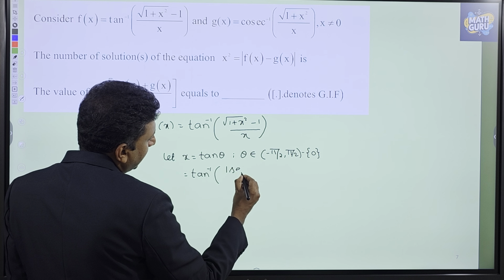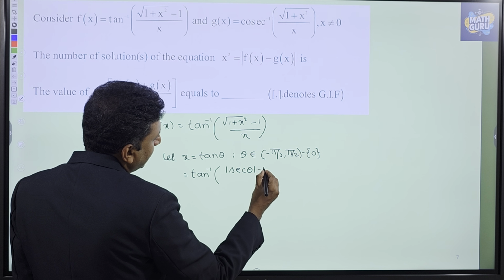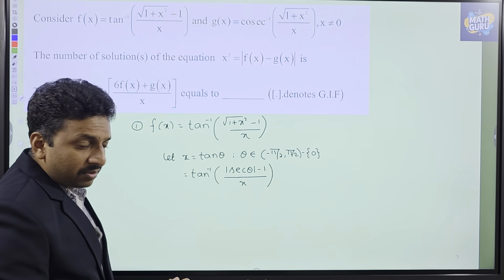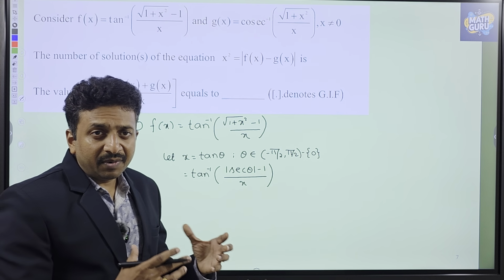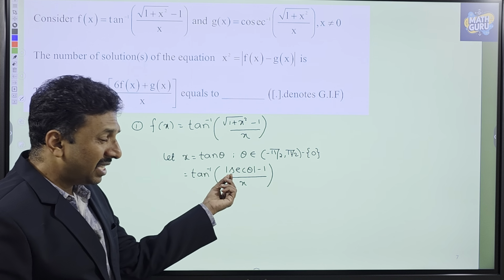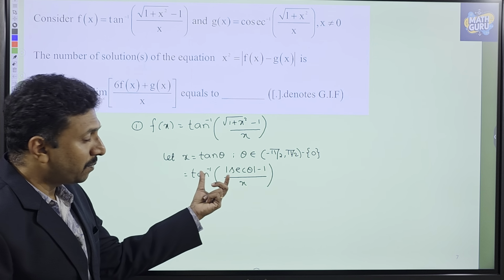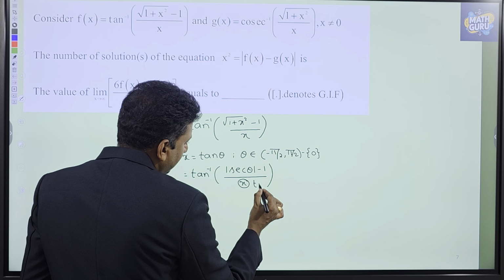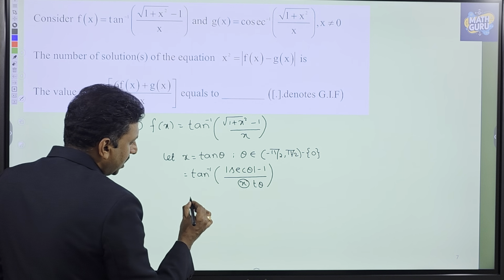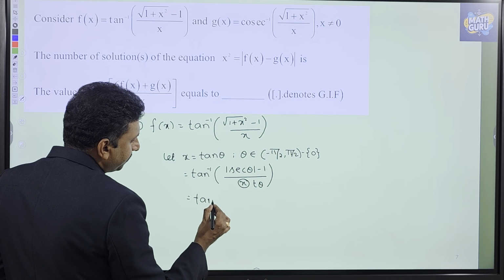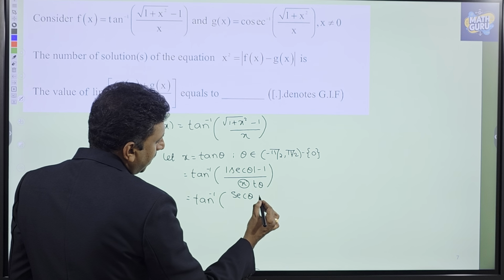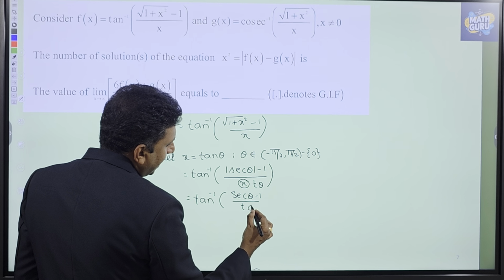So root of secant square theta is mod secant theta, minus 1, by x. Whatever theta you take in between minus pi by 2 to plus pi by 2, secant theta is positive. So I can write mod secant theta as secant theta. And x can be written as tan theta. So this is equal to tan inverse of (secant theta minus 1) by tan theta.